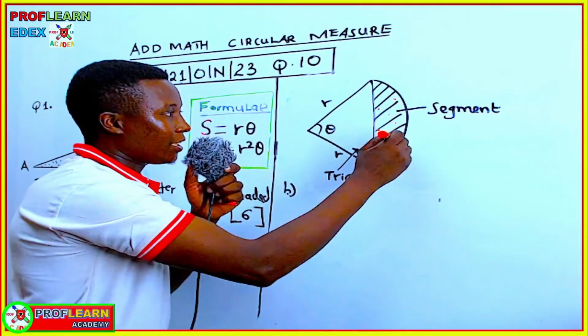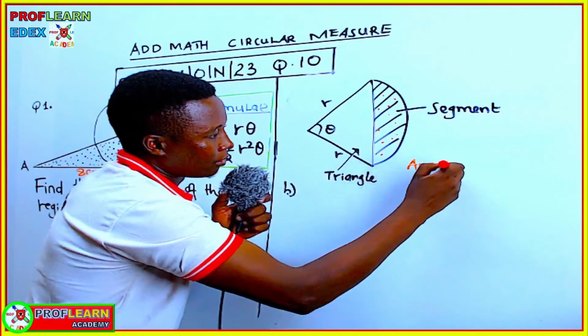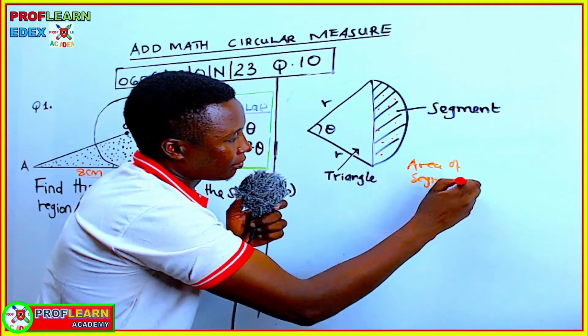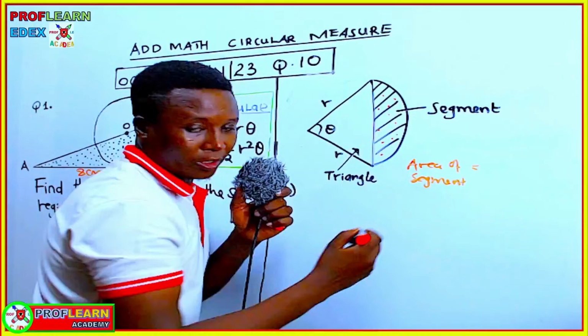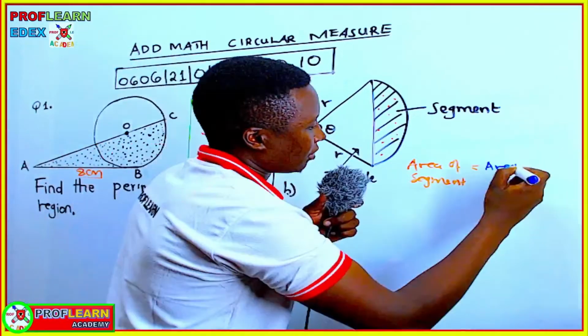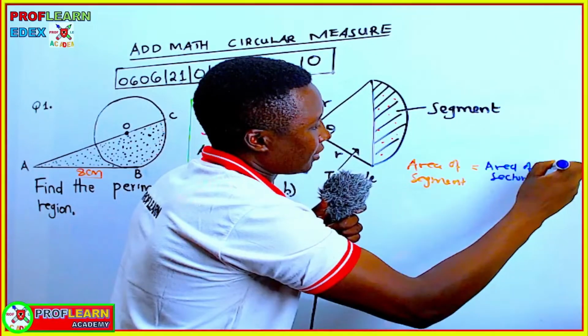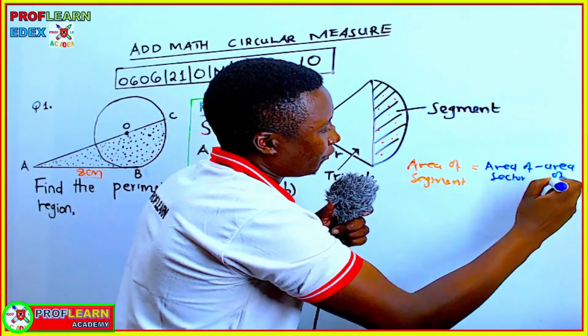So we can say, therefore, area of segment is given by area of sector minus area of triangle.